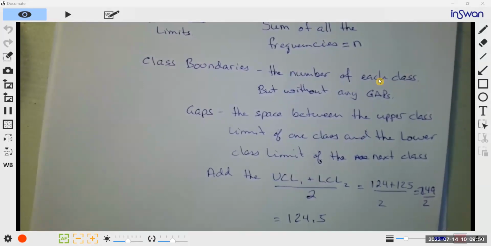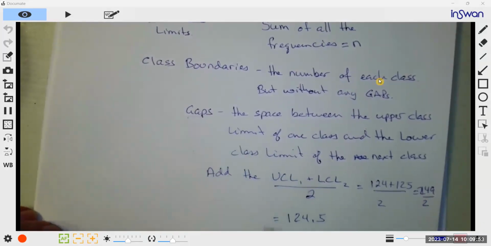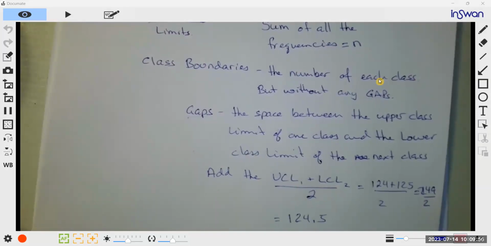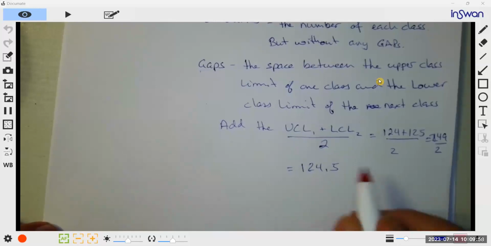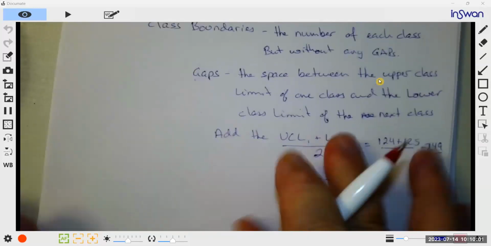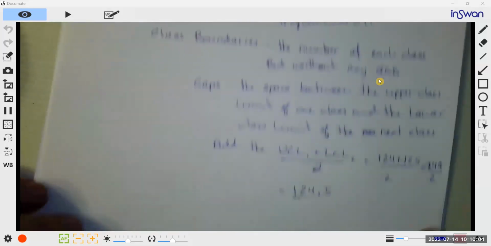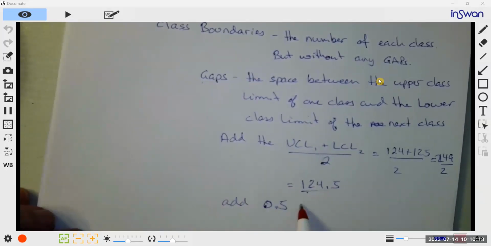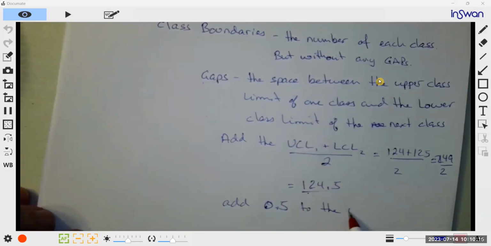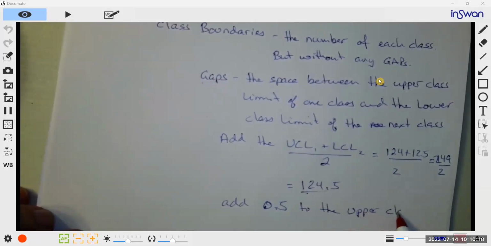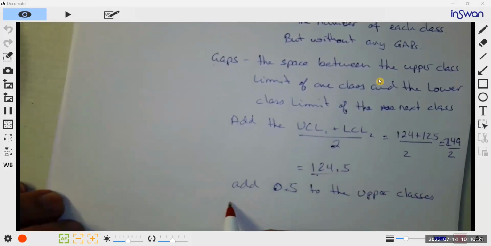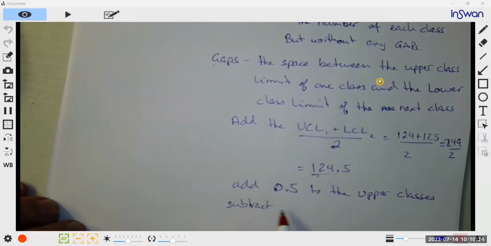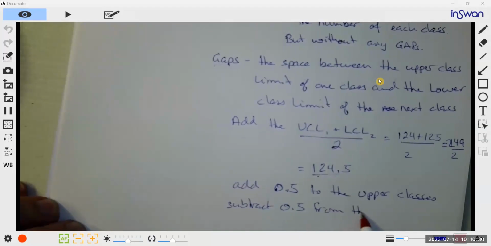So that is the gap. That's how we fill the gap. So our classes will really go, we notice that from the upper class, it's 124 to 125. So we add 0.5 to the upper classes and subtract 0.5 from the lower classes.